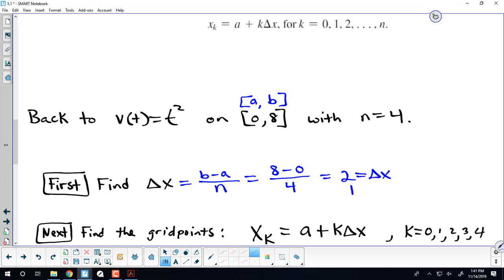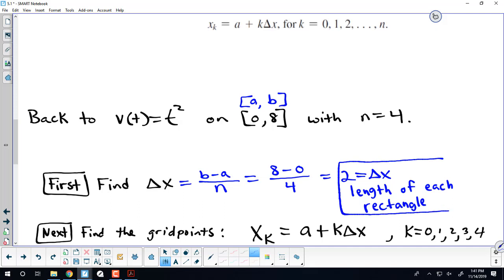That's the length of each rectangle. And of course, we could verify that when we drew this out, the length of each rectangle was indeed 2.